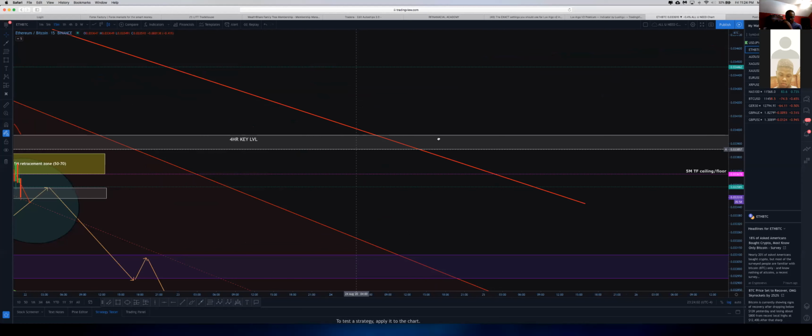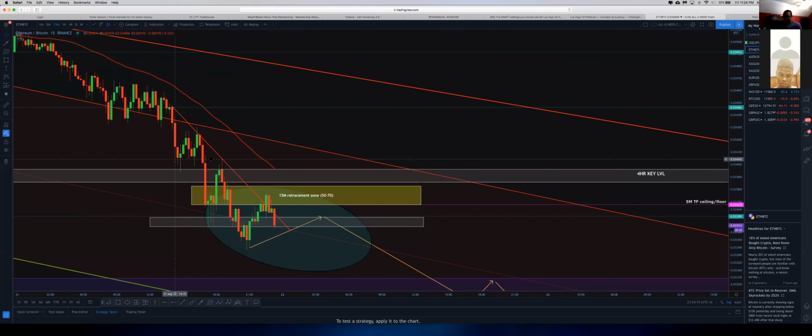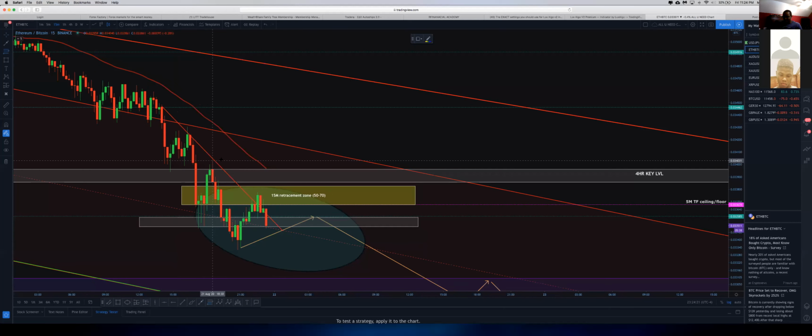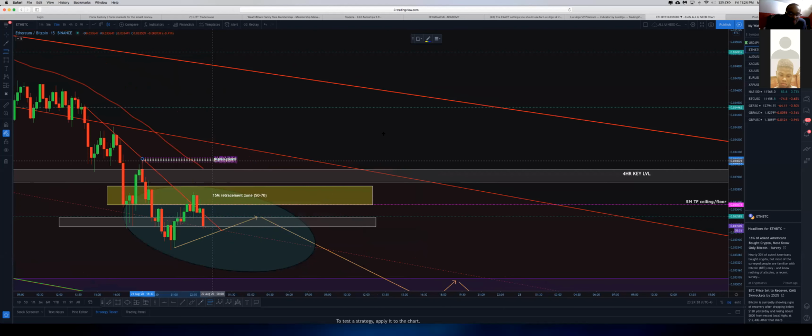I pulled out a fib down here on 15 minutes. I usually do it on a higher time frame, but I was just looking at what was going to happen next potentially. I saw this at the top of this swing down to the bottom, lowest point up to the retracement at 61.